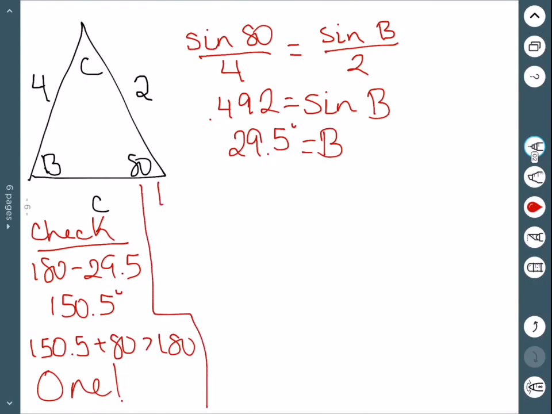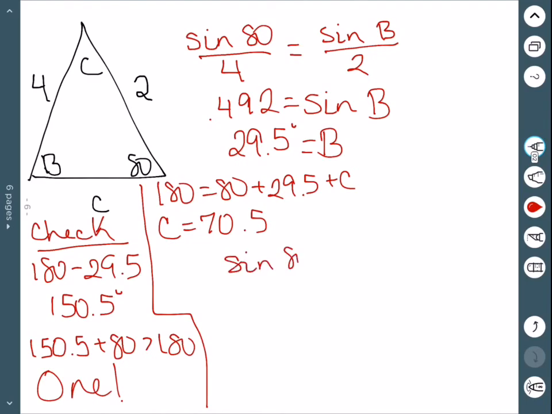We can now find our angle pretty easily. 180 is 80 plus 29.5 plus C. And this tells us that C is 70.5. And so now I just need to find my missing side.